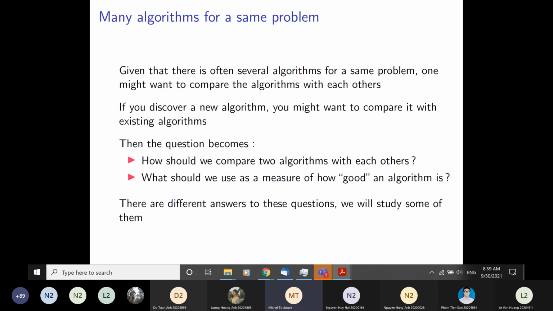So there are different criteria we can use to compare algorithms. We are going to discuss some of them, but the most practical one from a computer scientist's point of view is how fast they execute, or how fast they solve the problem. So as computer scientists, we are interested in algorithms that run faster, because companies always want algorithms that run faster, and users also want algorithms that run faster.